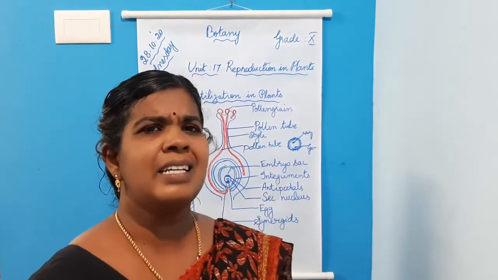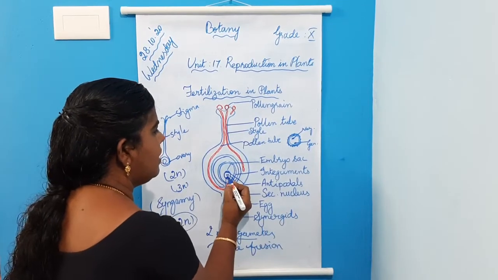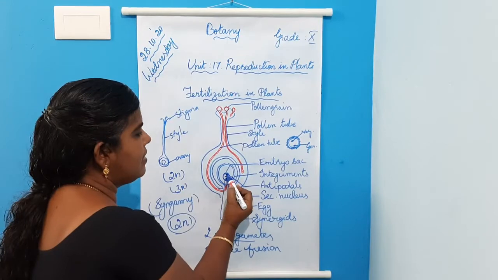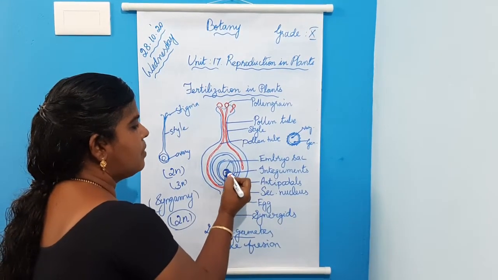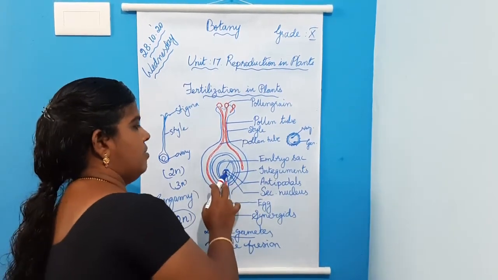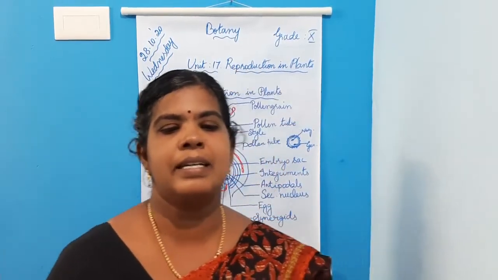Then, later the synergids. What are synergids? At the sides of the egg, two cells are there. These are synergids. What are antipodals? The cells just opposite to the micropylar end are called antipodals. Later these cells degenerate.